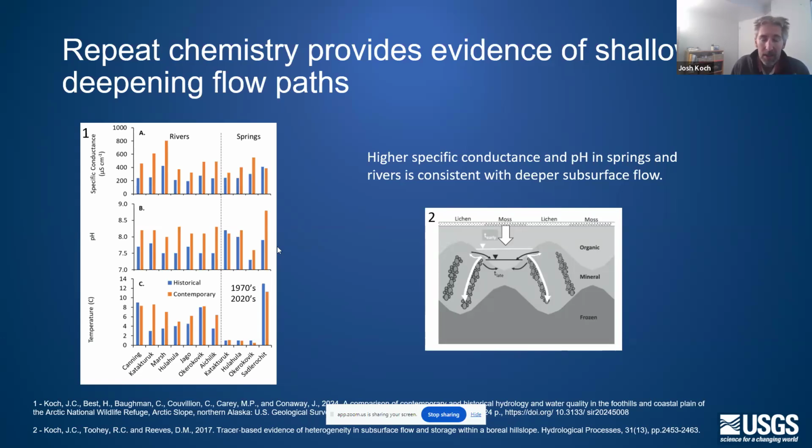And as we move deeper, we get into some mineral soils before hitting a frozen boundary. And so we look at these signatures, and this could be explained by a slight deepening of our shallow subsurface flow paths. So less of an influence of the organic soils and more influence from the mineral soils, leading to both an increase in the conductivity of those soils, as well as potentially an increase in the pH if we have fewer organic acids derived from that shallowest organic material.